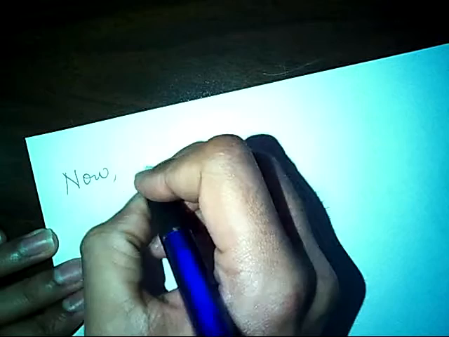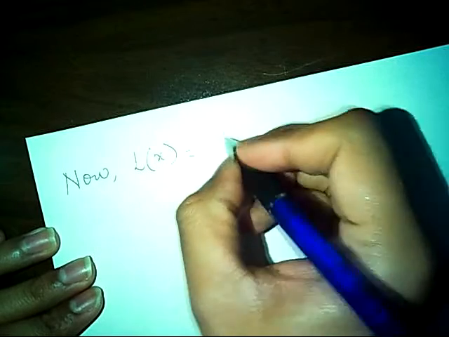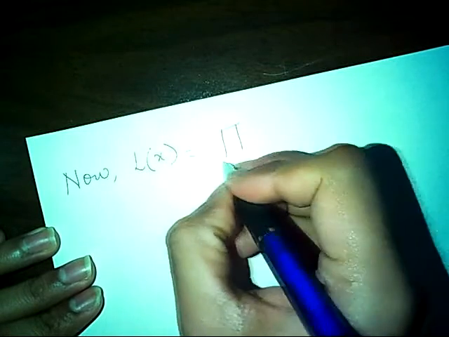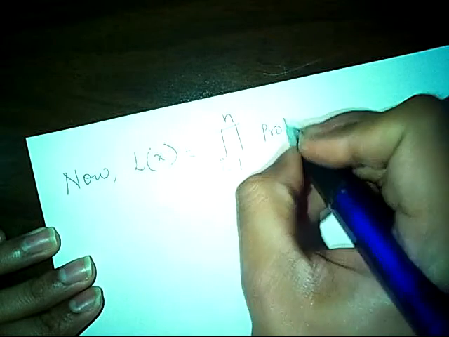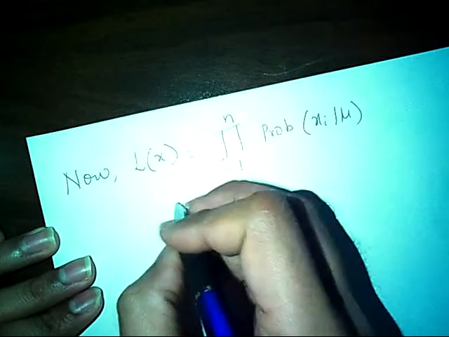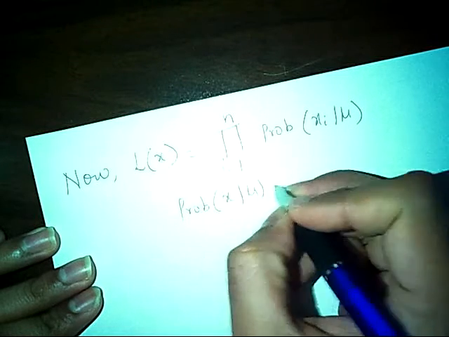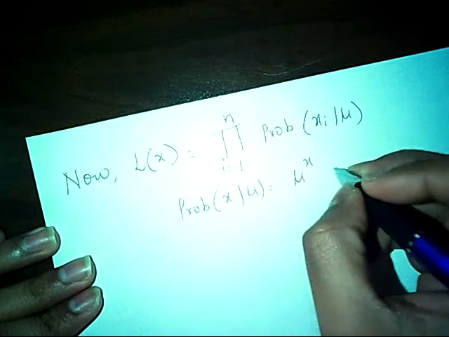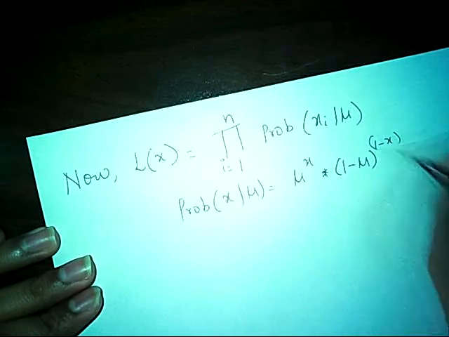Now we have the likelihood function as a product of the probabilities of each xi given mu, and as we already know, probability of x given mu was mu to the x multiplied by 1 minus mu to the 1 minus x.